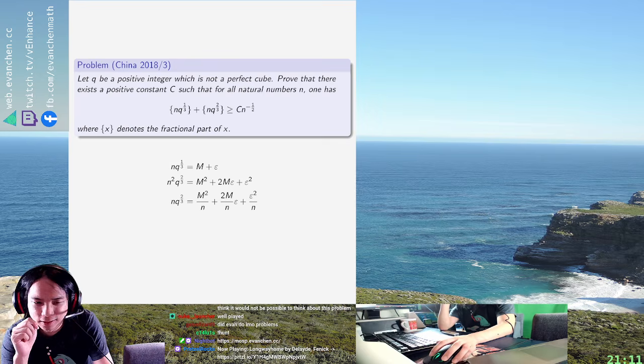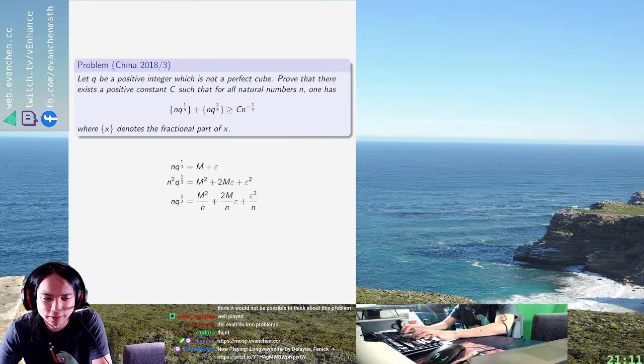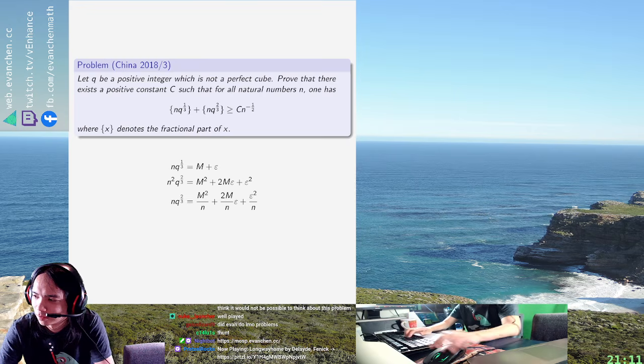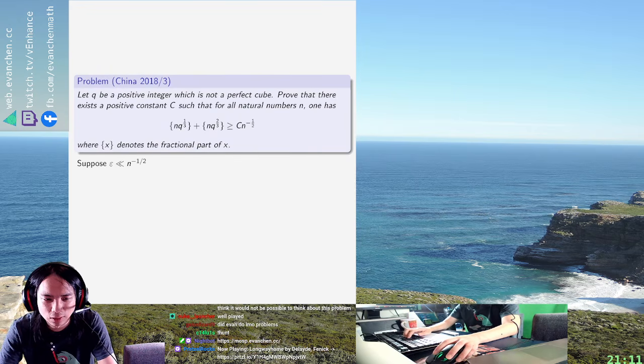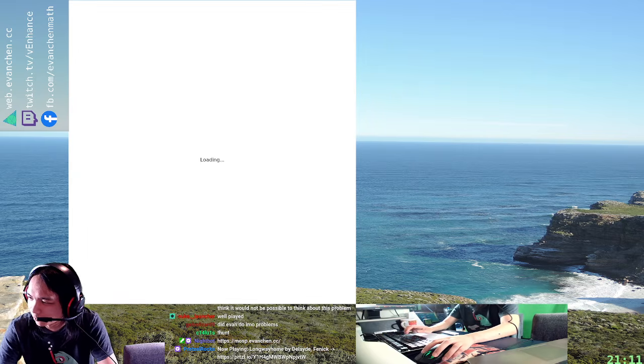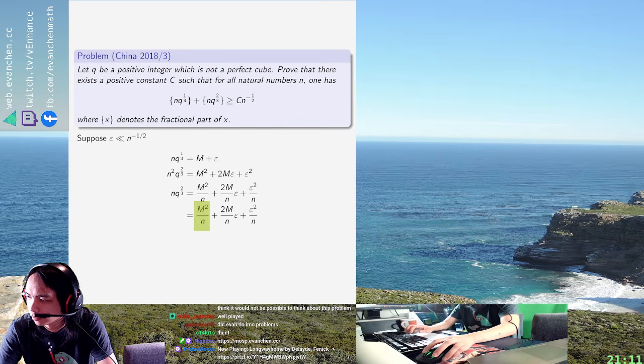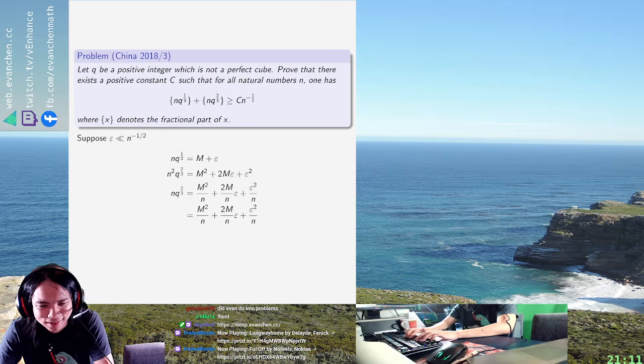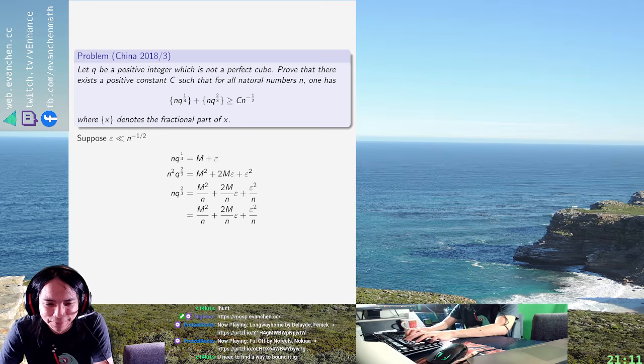Suppose epsilon is somehow smaller than n to the minus a half times a constant. But see, this thing is actually even smaller. This m squared over n can introduce garbage, like a garbage 1 over n shift, which is really, really bad for me. On the other hand, this thing's pretty small. Right? Maybe? Hopefully?